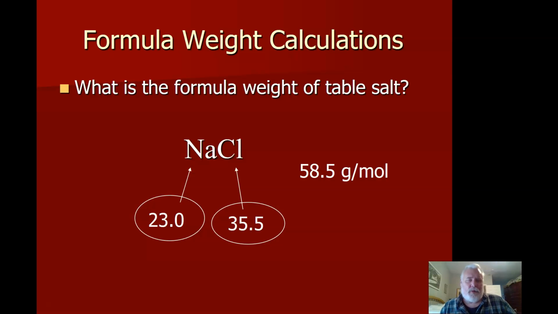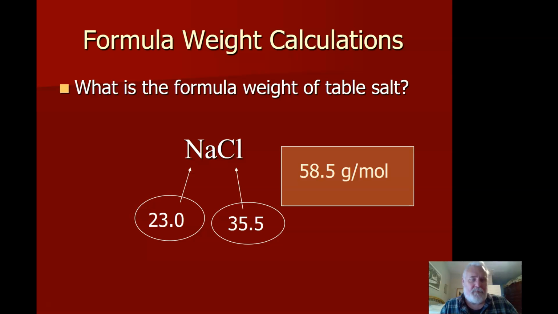So 58.5, you got the units, grams per mole. And then the last thing that you're going to do, since it's the circle square method, you put a nice little square around the final answer.